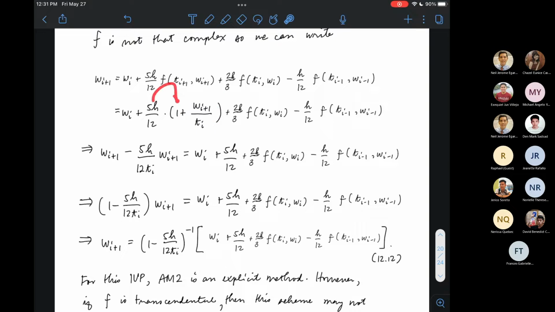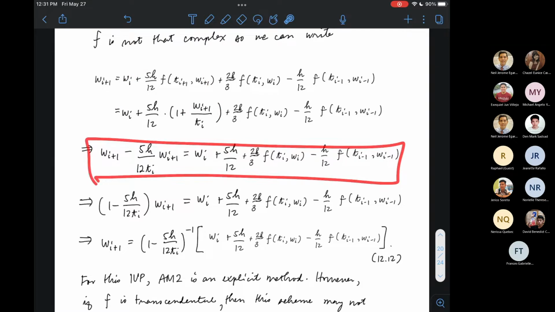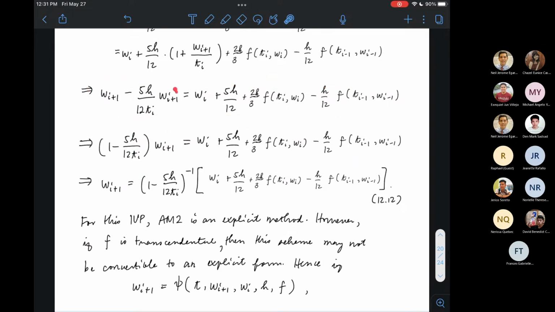So what I just did is to distribute the multiplier and then transpose the term involving W sub i plus 1 to the left side. So I get this, okay? And then I can factor W sub i plus 1 from this guy. Tapos yung natitirang factor ay wala ng W sub i plus 1. So all I need to do is to divide both sides by this factor. And now I have reduced AM2 into an explicit method.